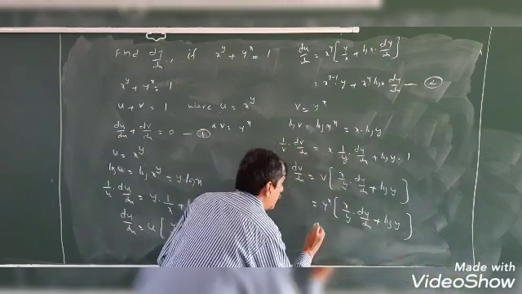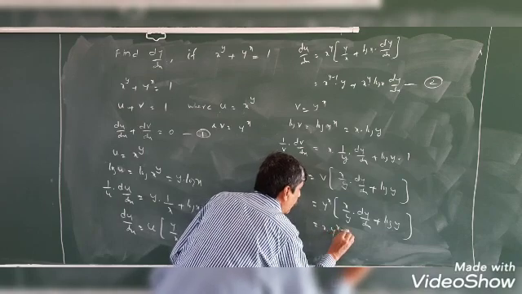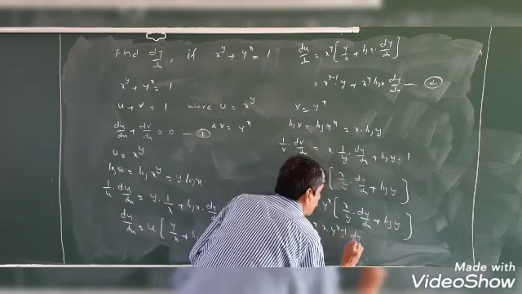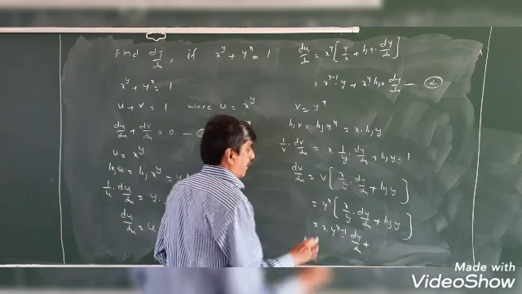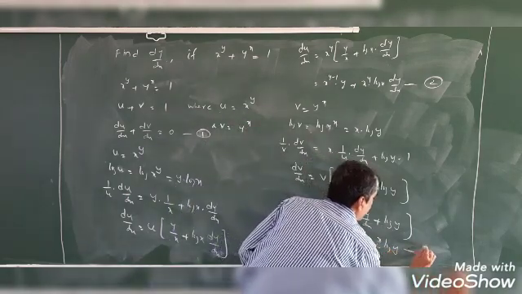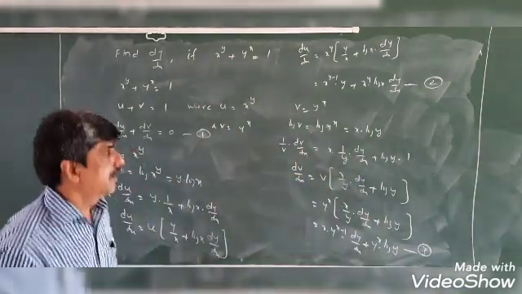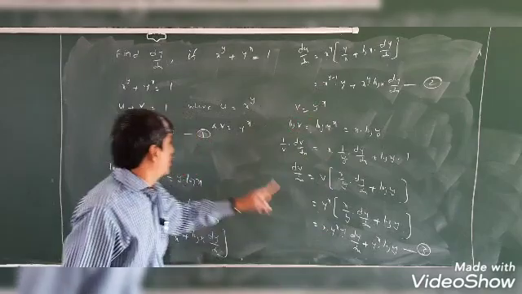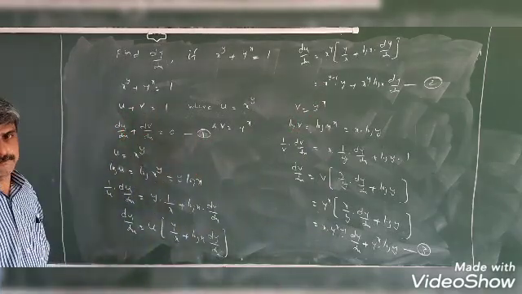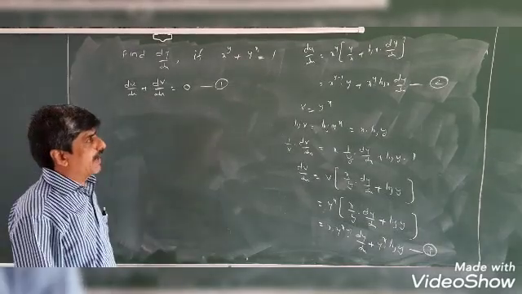This is y power x into log y, so this is equation number 3. So 2 and 3 substitute in equation number 1, to find dy by dx value.